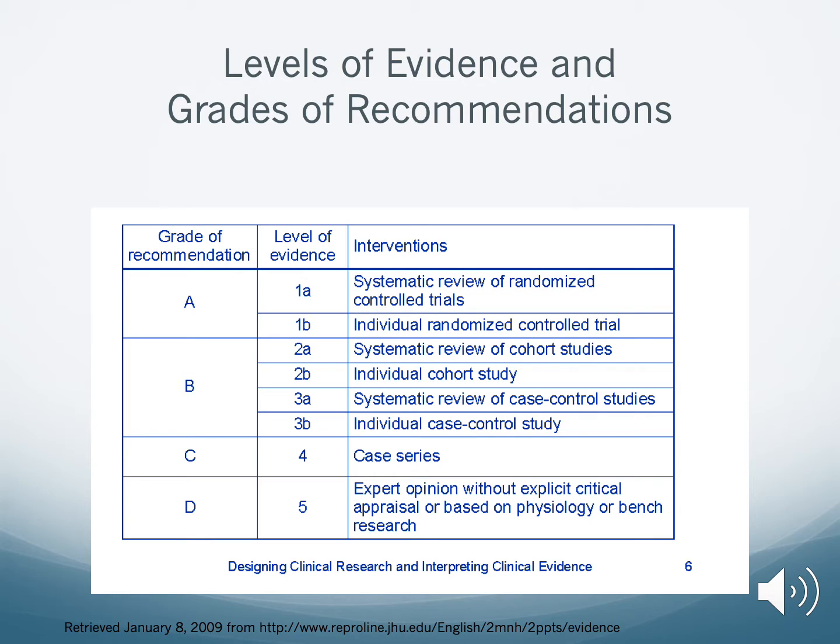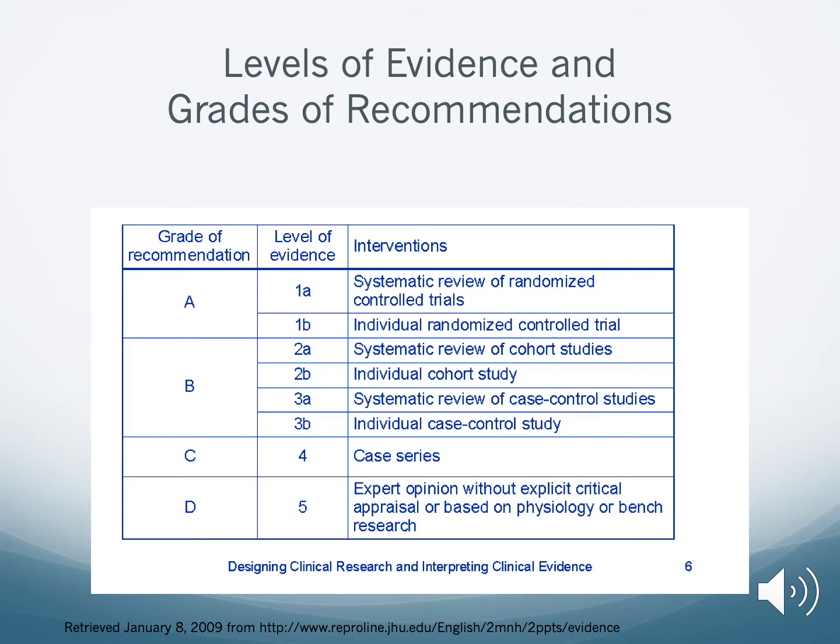A grade of 4 or C might be from a case series. Things that get a grade recommendation of B are cohort studies, systematic reviews of cohort studies, reviews of case control trials, or an individual case control trial.